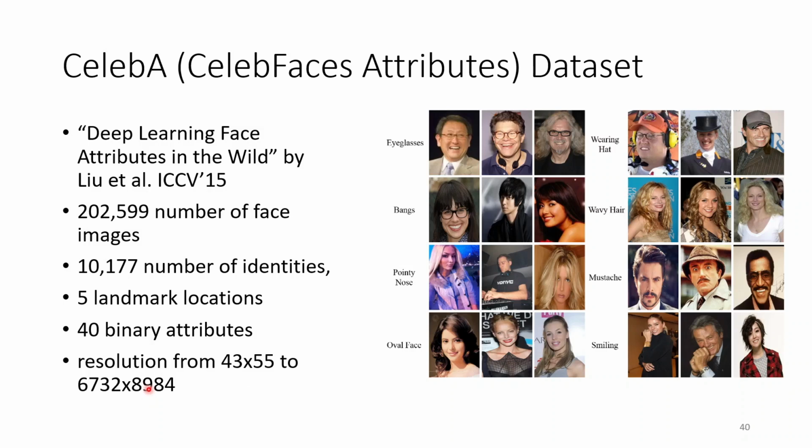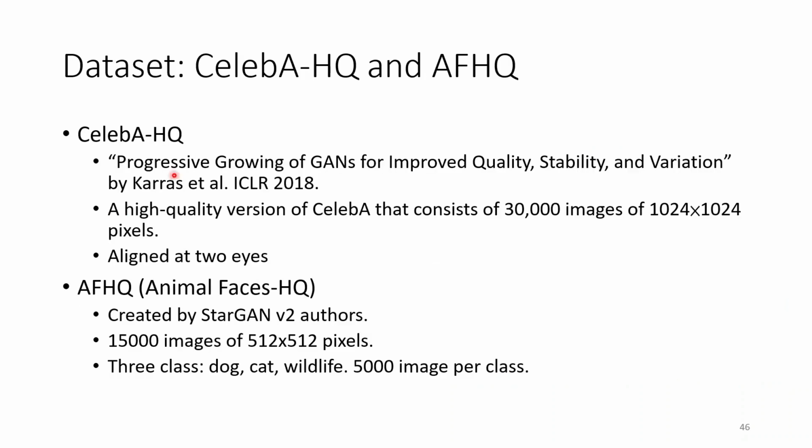So even though the dataset is very, very large, some of the images are almost useless. Therefore, there is a CelebA-HQ dataset. However, the CelebA-HQ dataset was not compiled by StarGAN v2. It was compiled by progressive GAN.